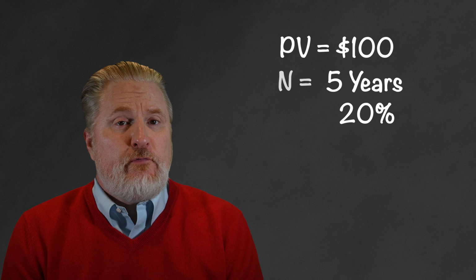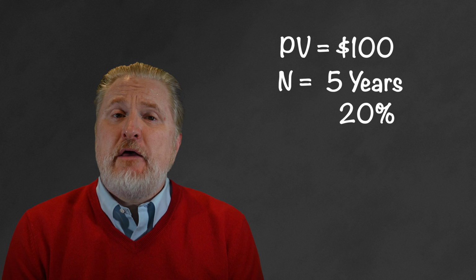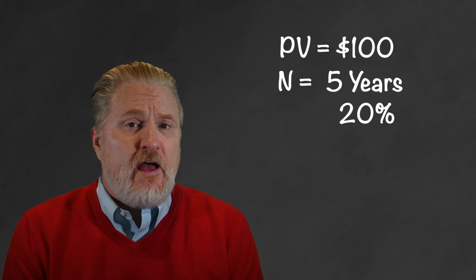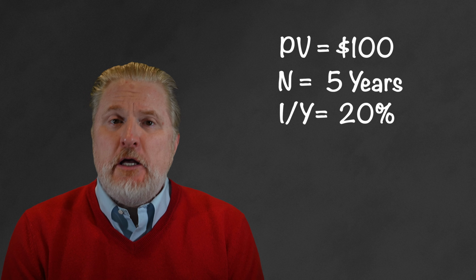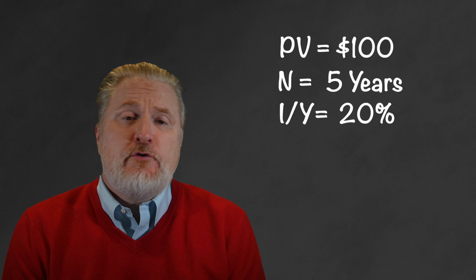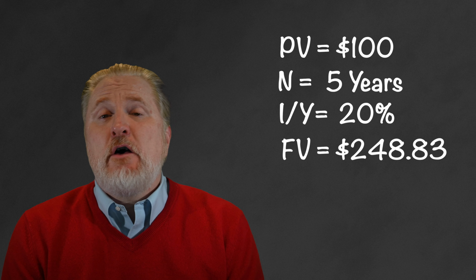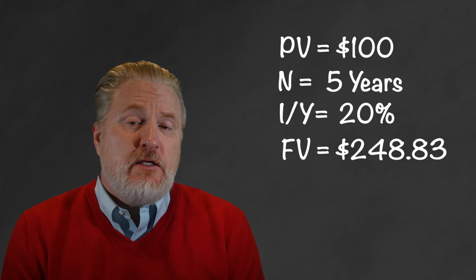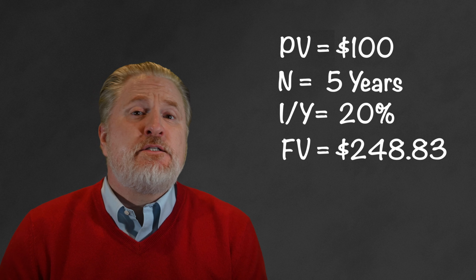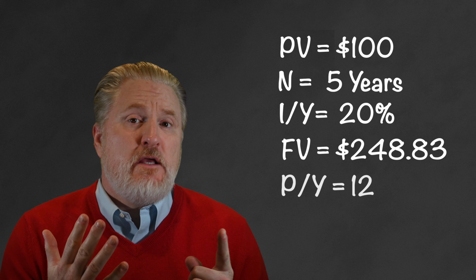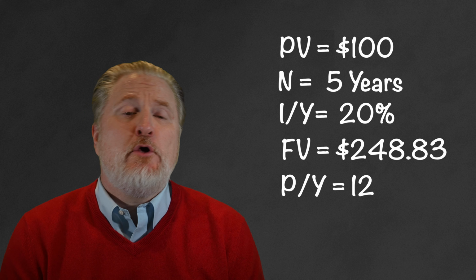Then input 5 for the number of periods, usually denoted by the letter N. Then add the periodic interest rate, in this case 20% per year, denoted I over Y for interest per year. Now you can calculate the future value, or FV, to get the answer of $248.83.